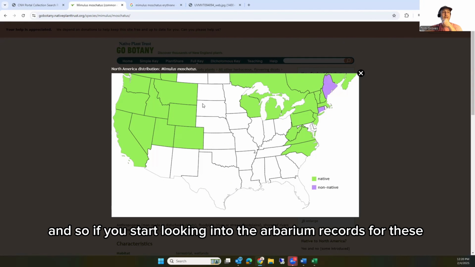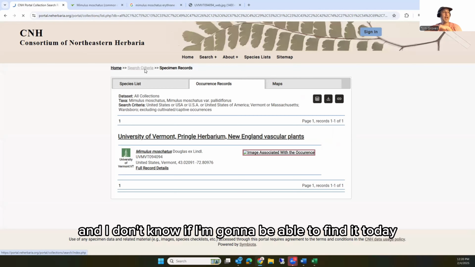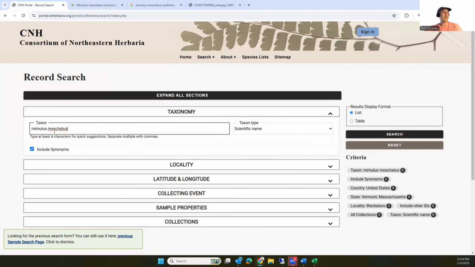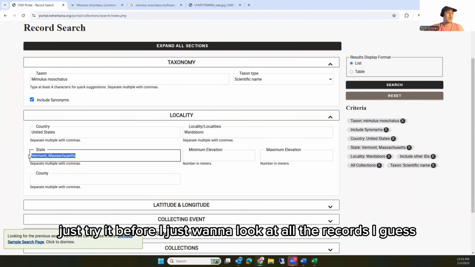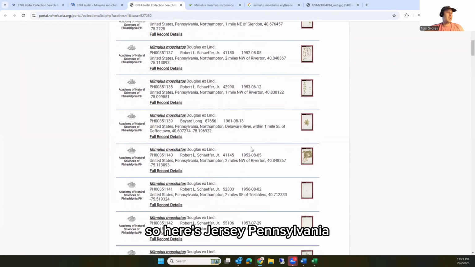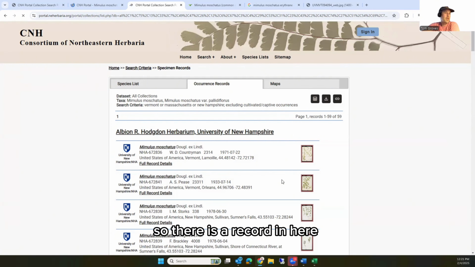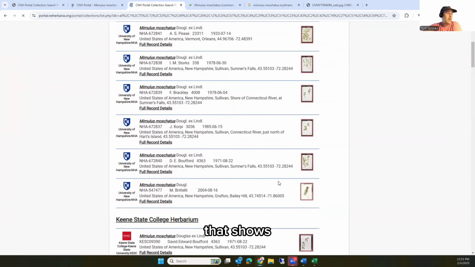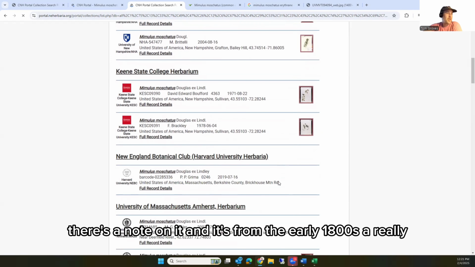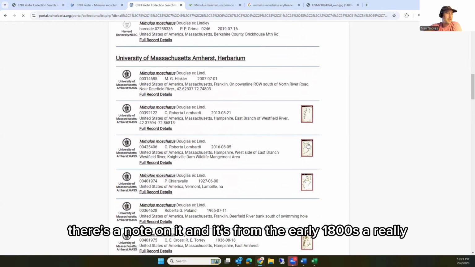And so if you start looking into the herbarium records for these, things start popping up. I don't know if I'm going to be able to find it today, but let's try this again. I just want to look at all the records, I guess. So here's New Jersey, Pennsylvania. If I can filter this again. Okay, so there is a record in here that shows there's a note on it, and it's from the early 1800s.